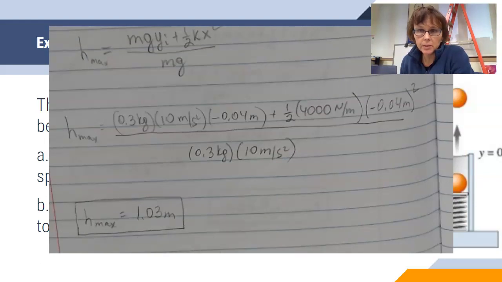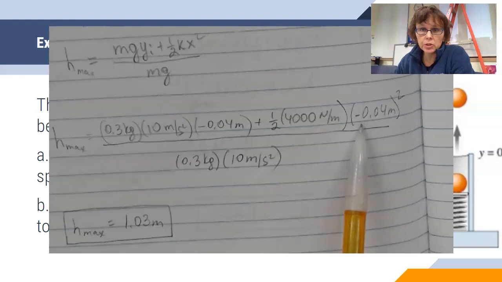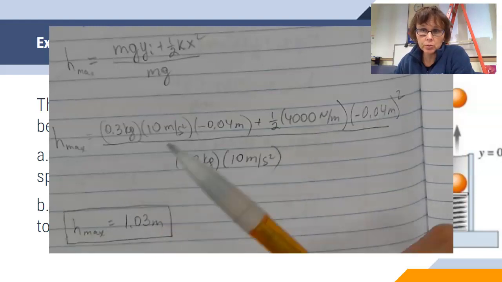The 0.25 times 4 is 1 meter. Does it make sense? Well, we doubled the compression distance, and then we quadrupled the height, and it makes sense because the square of the compression distance is proportional to the height.